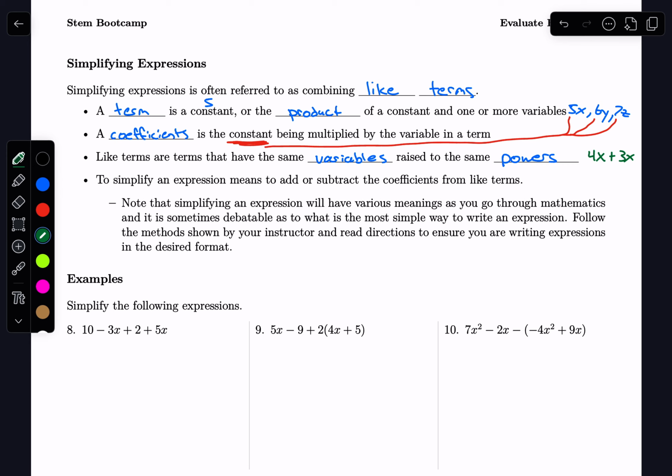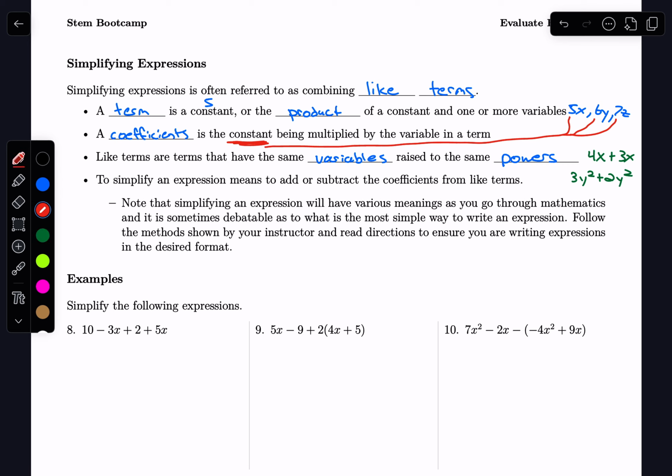We don't write the exponent of 1 when it's a 1, but it's an x to the power 1. We might instead have 3y squared plus 2y squared, where those are also like terms because they both have the variable y raised to the power 2. Okay, so as long as it's the same variable raised to the same power, they are like terms.